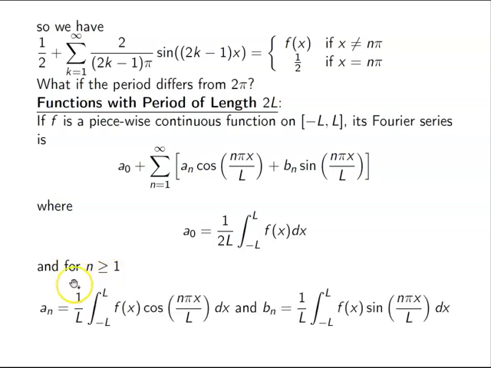For n 1 or larger, a sub n is 1 over L instead of 1 over pi, integral from negative L to L, and here it'll be n pi x over L.